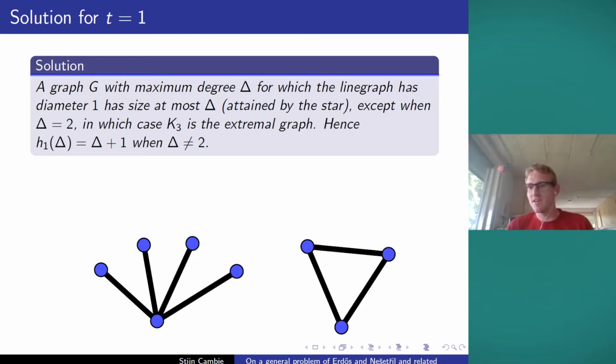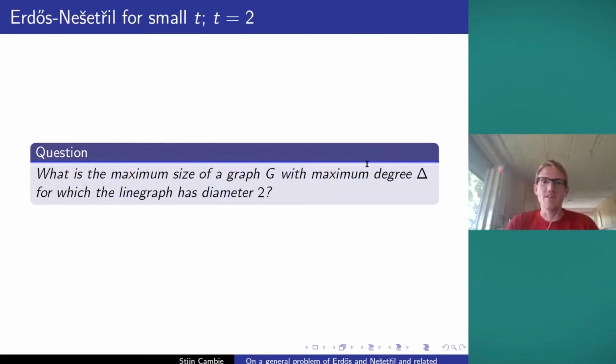But obviously, Erdős and Nešetřil weren't that interested in the t equals 1 case. They were asking about more interesting cases, for example the t equals 2 case. I guess this question will be too hard to pose here, but it's the same question with the line graph having diameter 2.